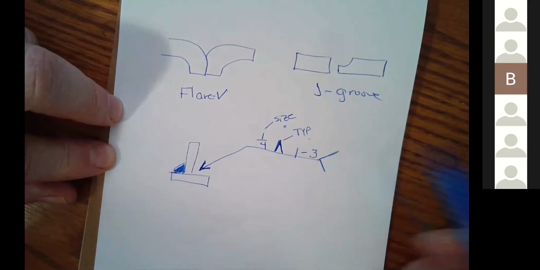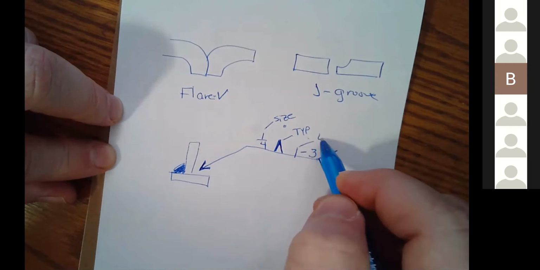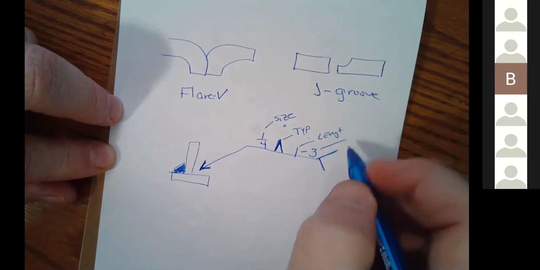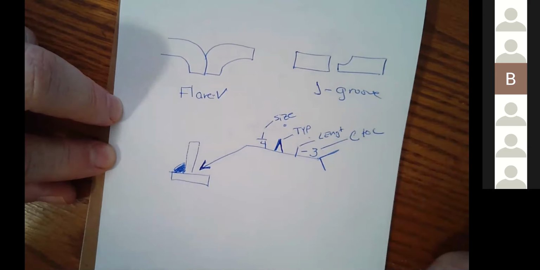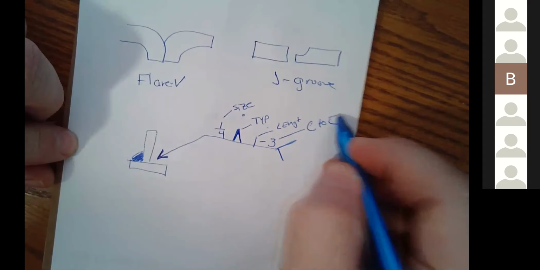What does the 1 stand for? Leg length. That's how long it is, from center to center. Yep, and this would be this center to center. I'm just typing C to C, saying center to center, so we know how long they're going to be staggered.